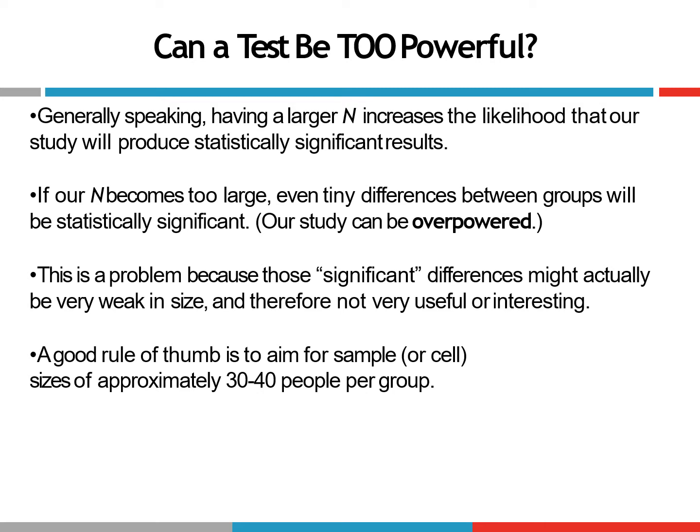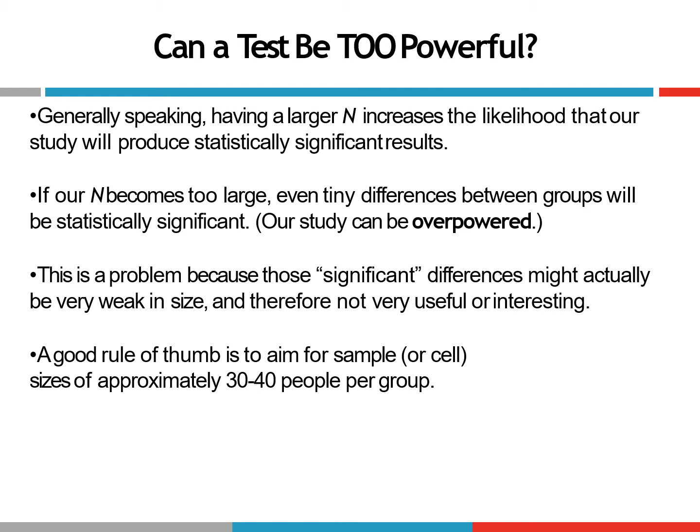So a good rule of thumb to avoid having a statistical test or an experiment that is too powerful or not powerful enough is to have a sample size of approximately 30 to 40 people per group, right?